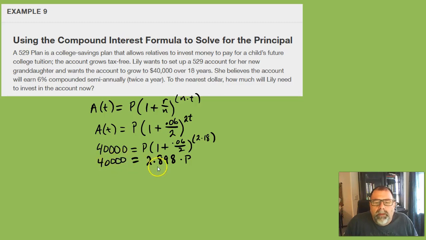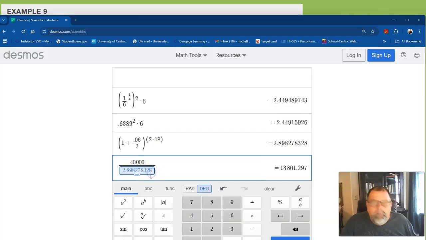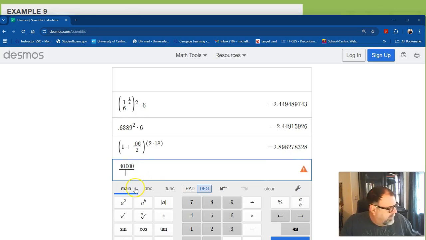And then you just divide 40,000 by 2.898. Oops. Okay, so here's a little thing about decimals too. I want to do 40,000 divided by 2.898.